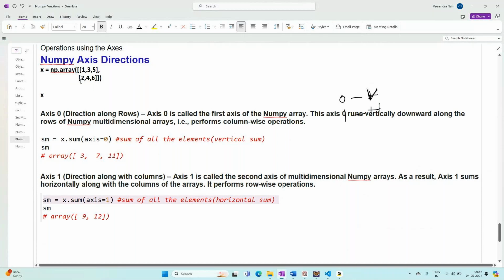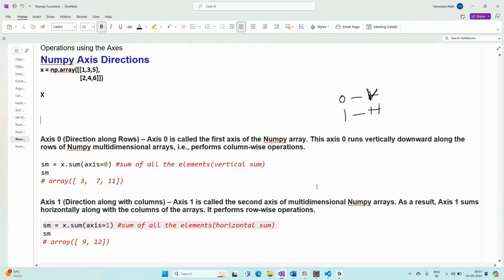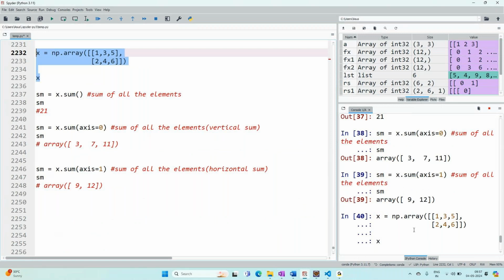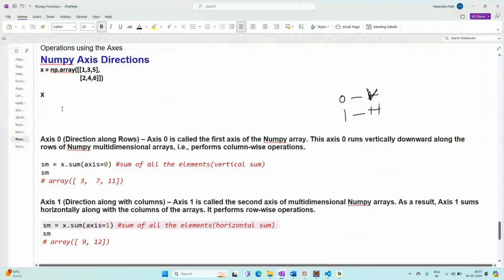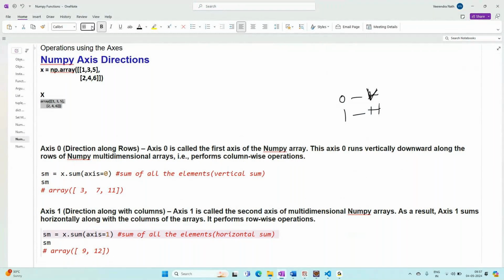When you run this, you are going to get the array. What array did I get here?